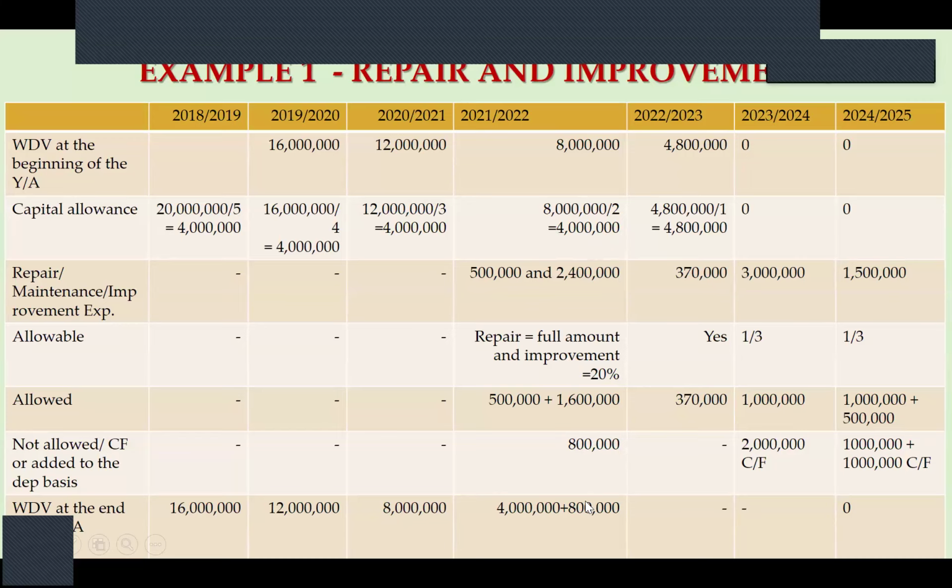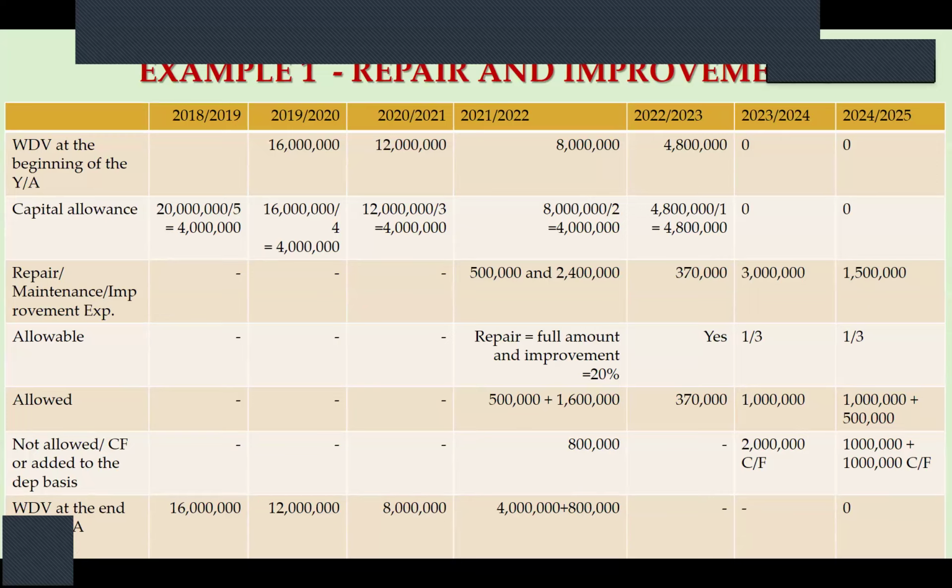To that 4 million we have to add that not allowed improvement cost. Then what is the beginning written down value? It is not only the written down value of the previous year, but the not allowed amount also should be included here. Then the value is 4.8 million.